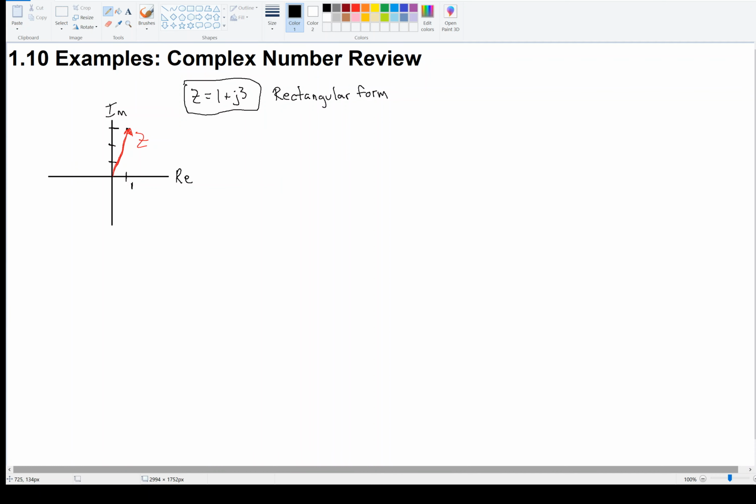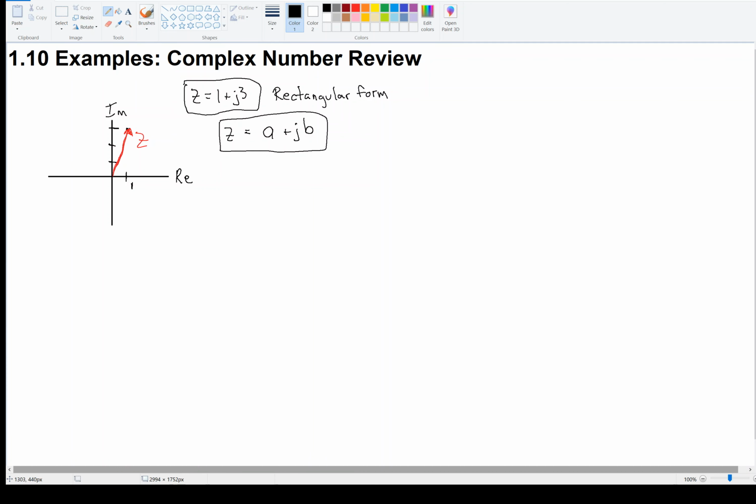So this is one of the ways where you have the amount that you go over in the horizontal direction, call that A, and the amount you go over in the vertical direction, call that B. So one way of representing a complex number is in rectangular form, A plus jB.